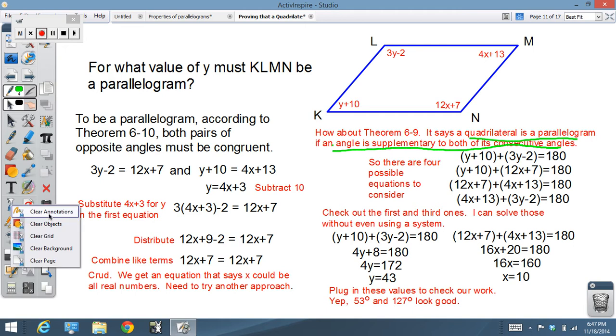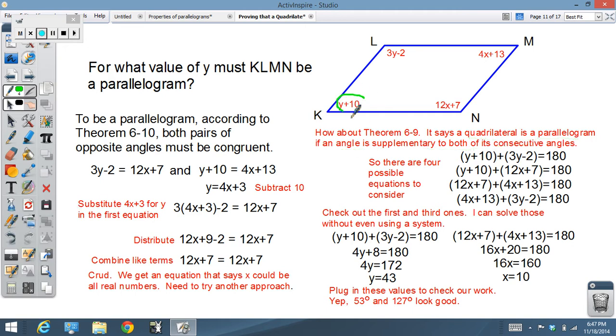So if I'm going to use that one, it means this plus this must equal 180. There's one of my equations that I could use. It also means that this plus this must equal 180. Second equation, right? You with me? And I got a couple other equations I can write from there. I know 12x plus 7 and 4x plus 13 must be 180.